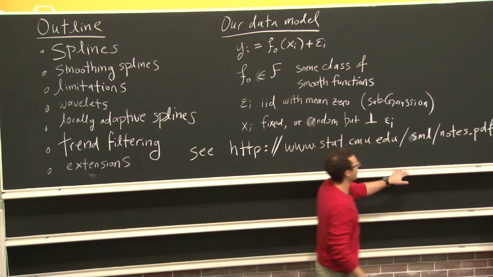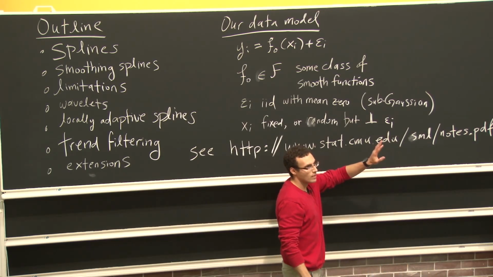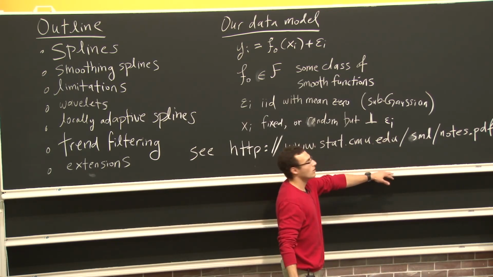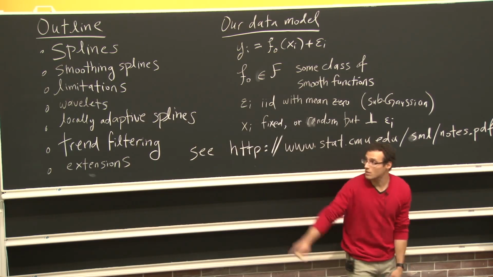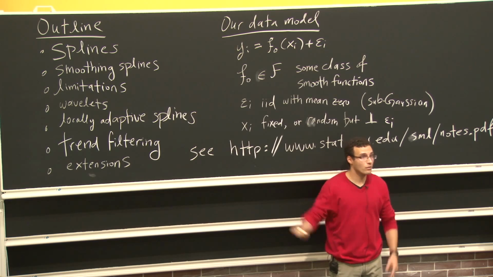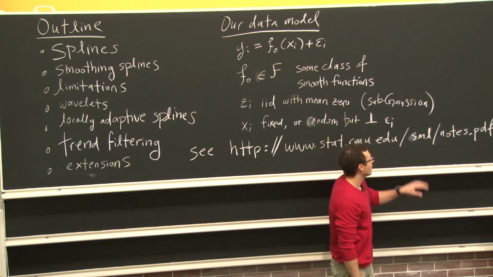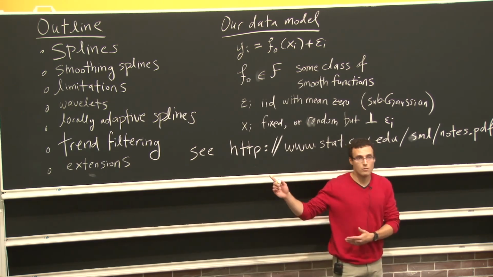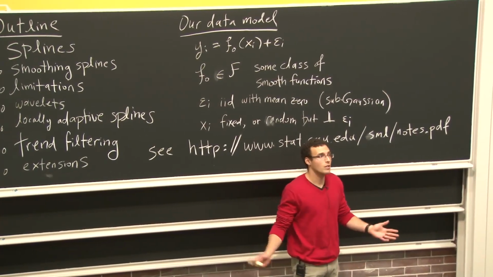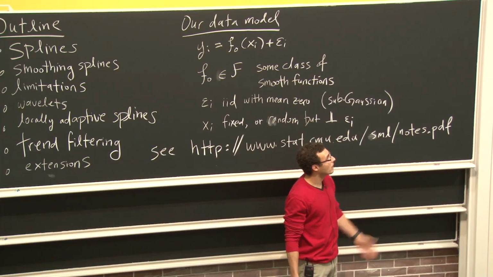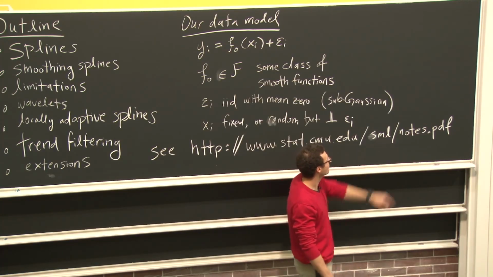OK, so let me just say one thing about this. These were notes from the sequence of lectures on non-parametric regression that I gave for this course last year. So it contains a lot more than just this, but you can certainly look through it and find these topics. I don't think Larry's going to expect you to know everything that's in his notes. I think just the relevant parts on splines are in these notes.